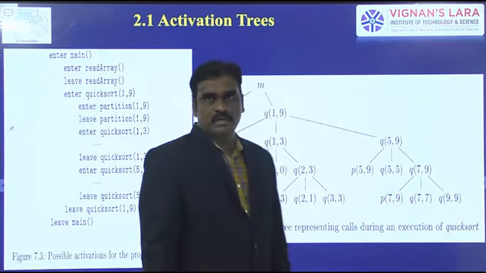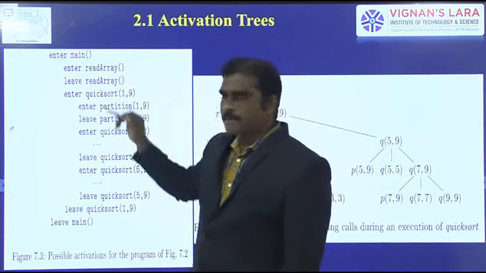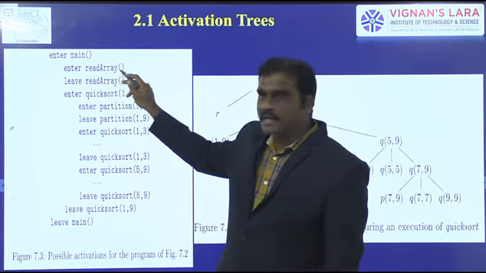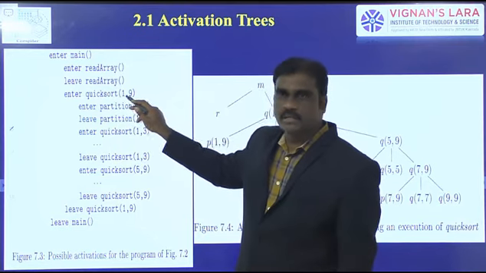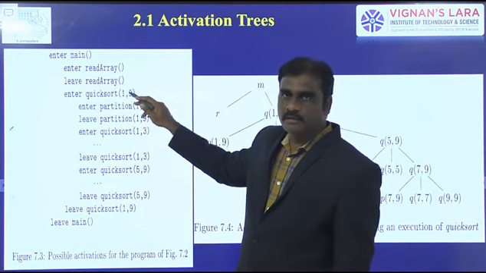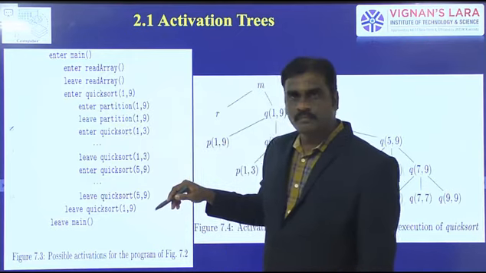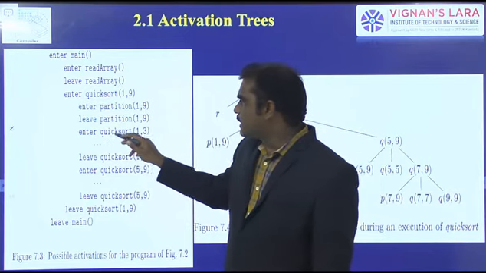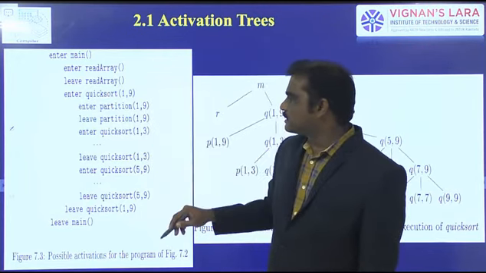So in the previous example, it starts with the main program. After that, enter read array and then leave read array. Enter quicksort, read the values 1 to 9. Enter partition 1 to 9. Leave partition 1 to 9. Next, enter quicksort 1, 3.